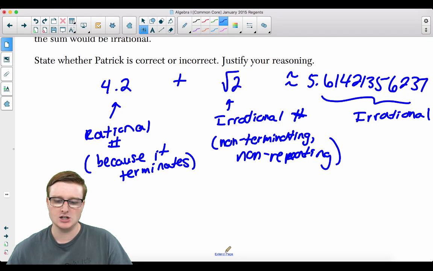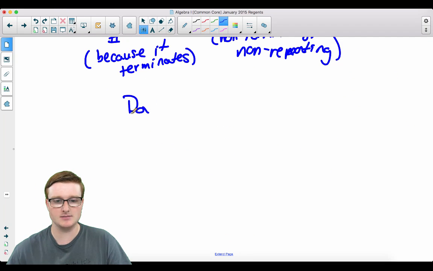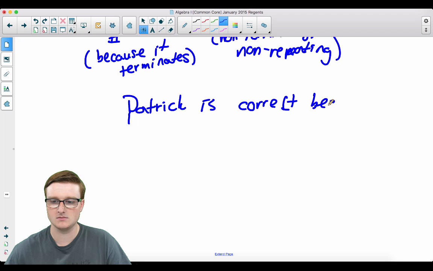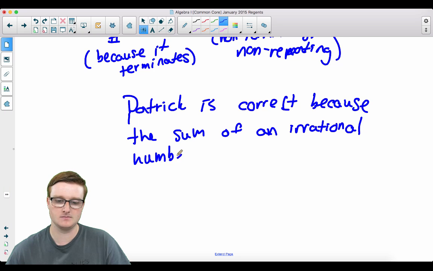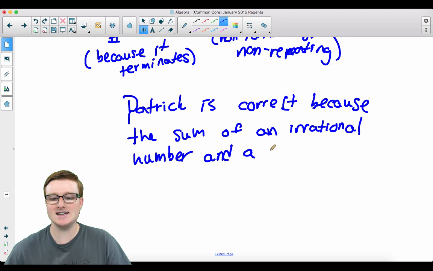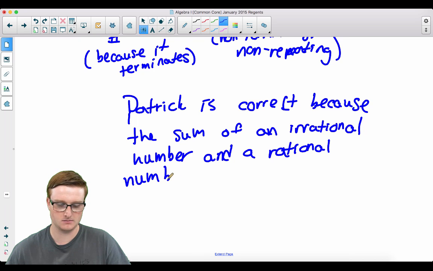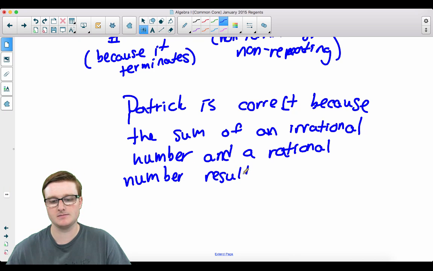He's a smart guy. So, we're going to say Patrick is correct because the sum of an irrational number and a rational number results in an irrational number.